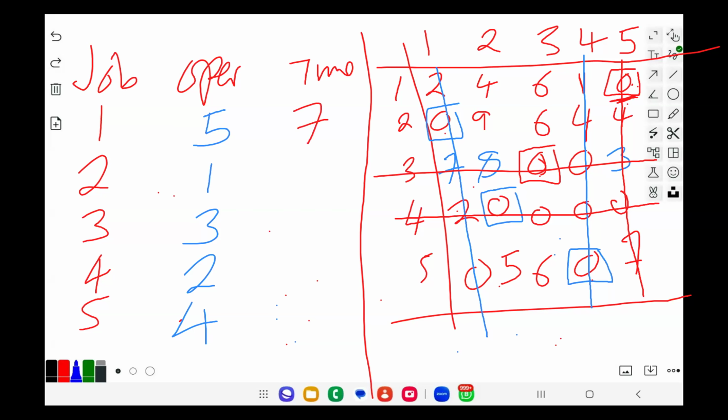Then on position 1, in the second row, there was 6, and in the third one there was 6 too.